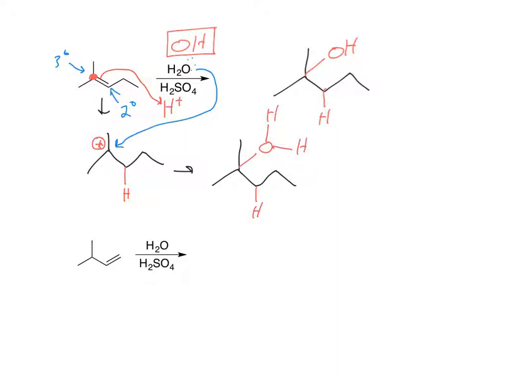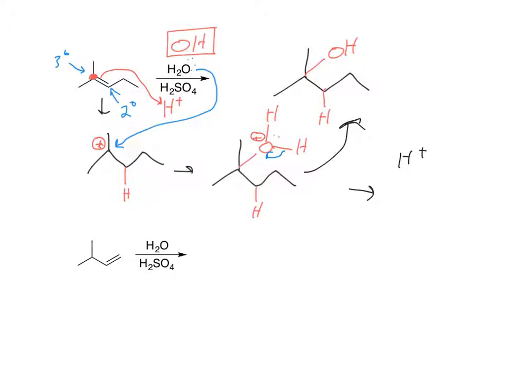It's only got one lone pair because we used one lone pair to make this bond. That means it has a positive charge. So the last step is the electrons from one of these hydrogens go back on the oxygen, which generates H+, and this gives us our product.